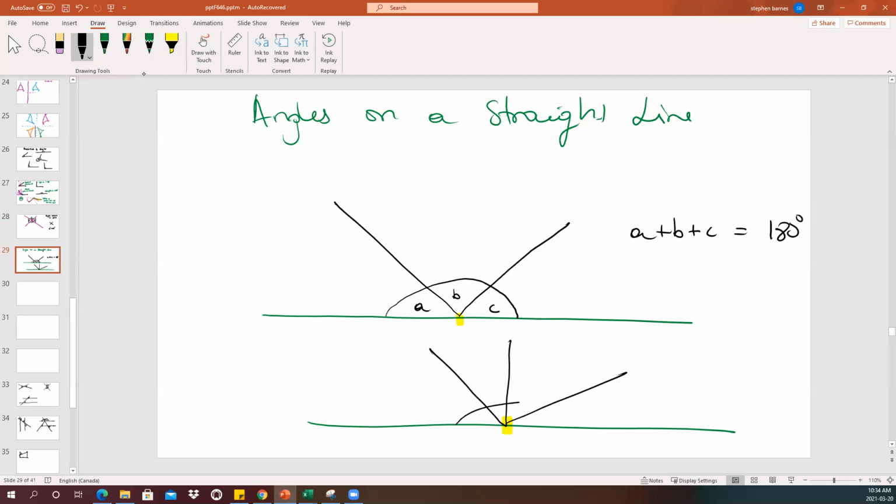As long as they're on a straight line, it must sum to 180. So if we have D, E, F, G, we can say D plus E plus F plus G is equal to 180 degrees.